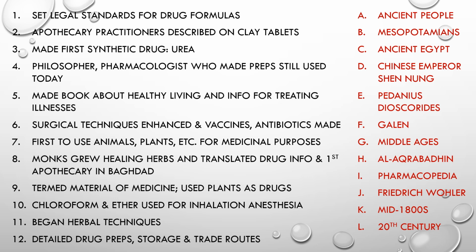Chloroform and ether used as inhalation anesthesia was in the mid-1800s. A few other things there as well. Began herbal techniques, that was the Chinese Emperor Shen Nung. And then the detailed prep, storage, and different trade routes, that was the Al-Qur'an by Sabur Ibn Sal.